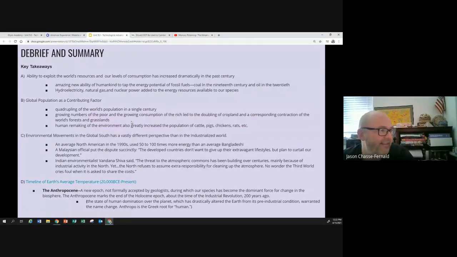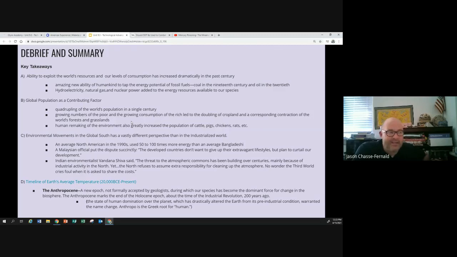All right, let's debrief and summarize, and that is a lot to read, so let me just read the highlights, and you can feel free to pause and read the notes. Key takeaways: our ability to exploit the world's resources and our level of consumption have increased dramatically in the past century, no doubt. Global population is a contributing factor. People's concerns about climate change are being exacerbated by the really rapid growth in human population.